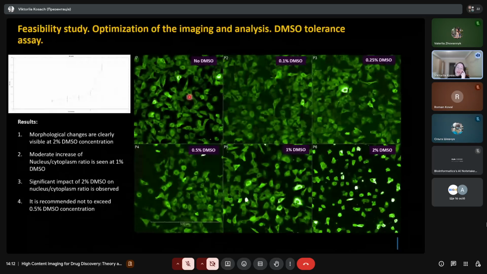So for the further screening campaign, we could use only DMSO up to 0.5%, or better, even less, up to 0.25%, not to have any artifacts from our solvent. Okay.